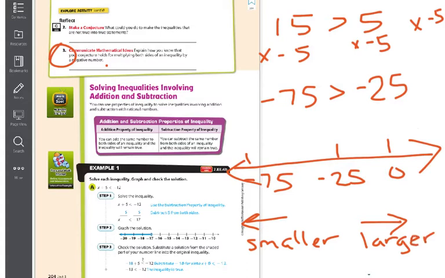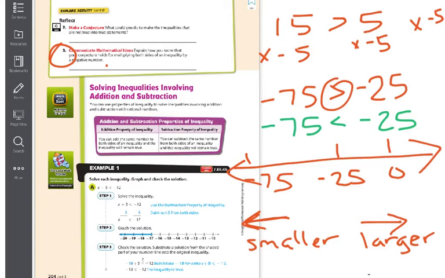And this is saying that negative 75 is greater than negative 25, and we know that's not true because it's to the left of it. So this is not true. So in order to make it true, I have to reverse my inequality symbol. So the true statement would be negative 75 is less than negative 25.